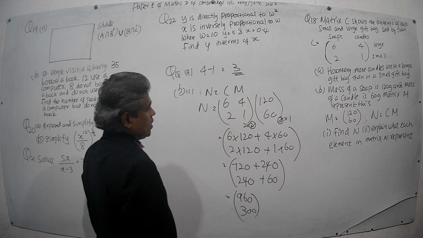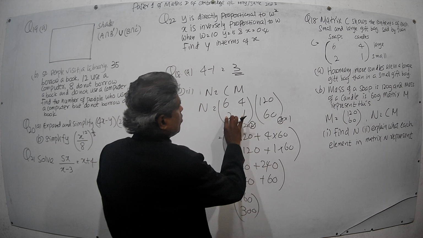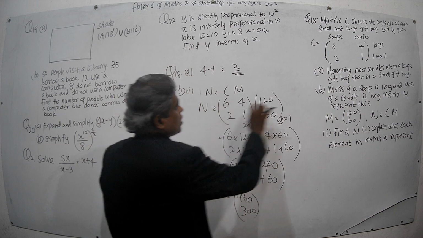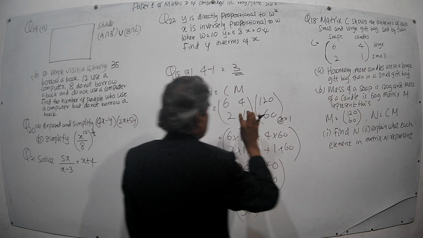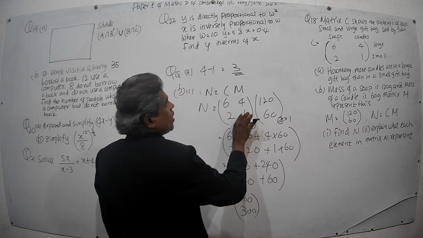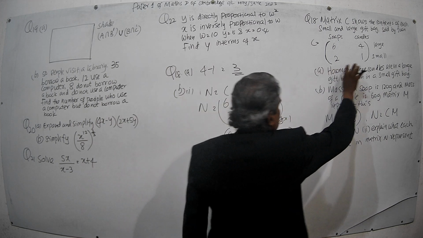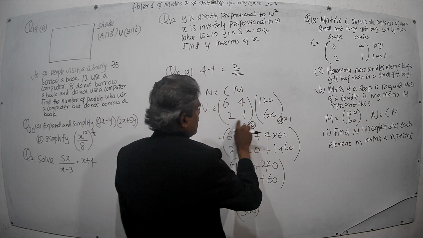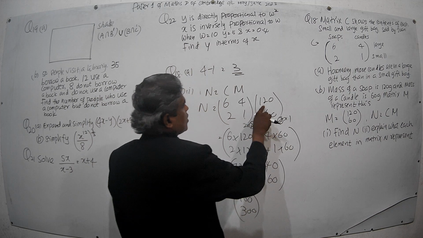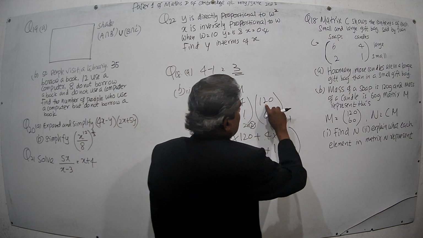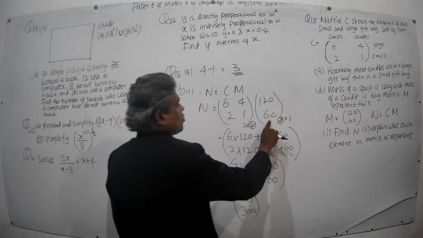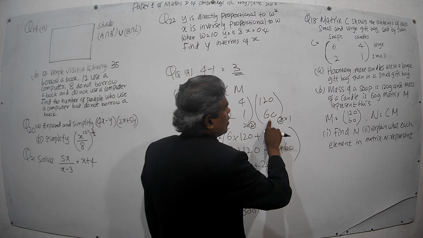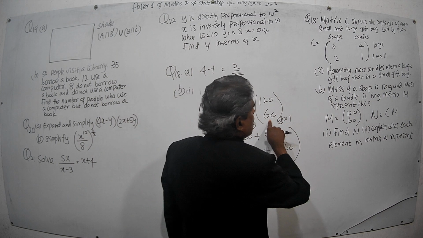Then this one here, the number of soaps in a smaller gift bag. Then the number of candles in a smaller gift bag. Then this is the mass of one soap, and 60 is the mass of one candle.